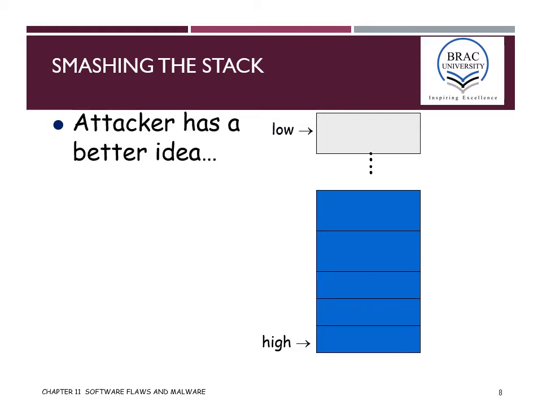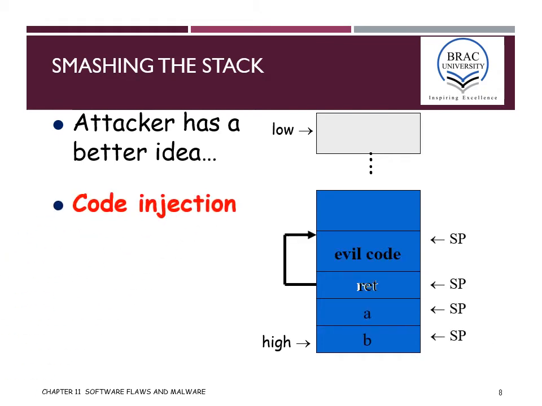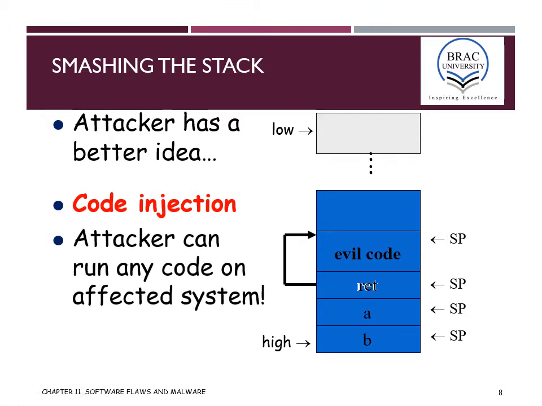But Trudy might have some new, better idea, right? What will he do? He will use some evil code. I mean, this is a code injection technique. So in the stack, he will add some evil code, and somehow he changes this value so that it will return to this evil code.